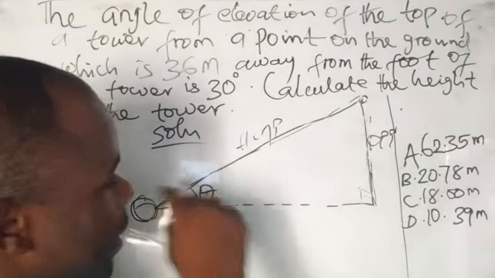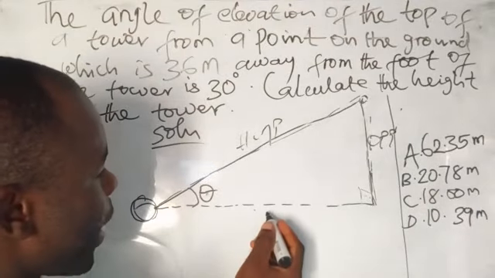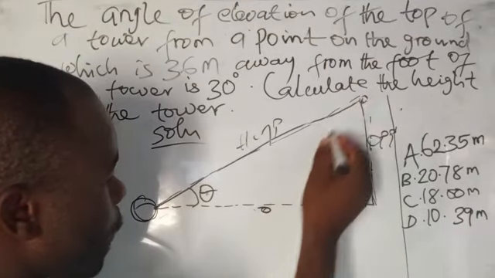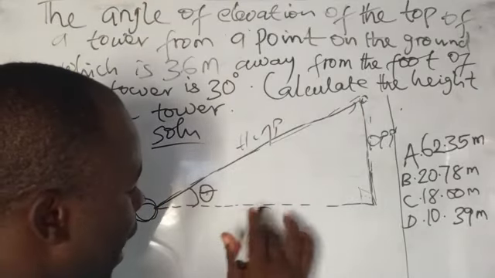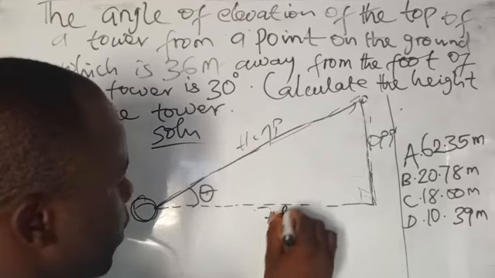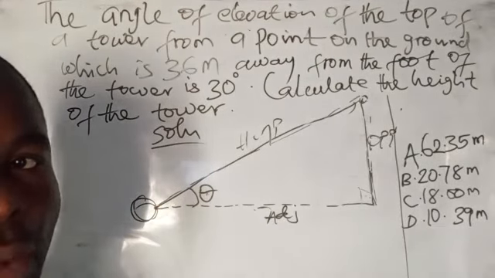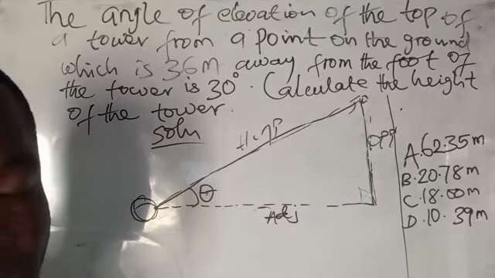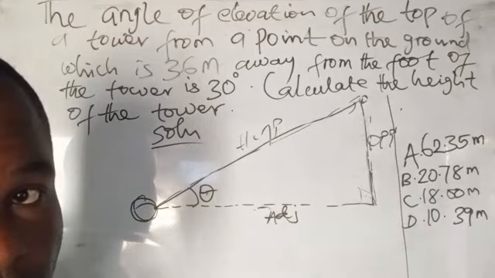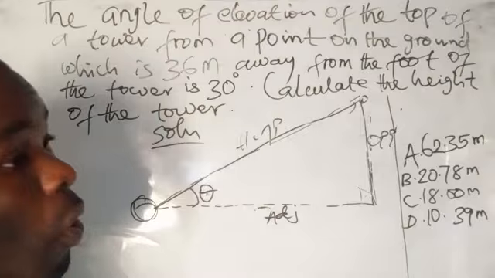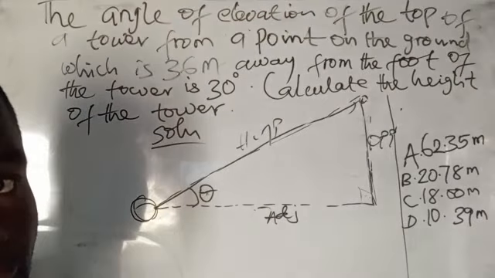The line that faces the angle is the opposite, whereas this one that does not face any angle is my adjacent. Is that clear, guys? So whichever way I want to solve, I'll be able to get it correctly, either using Pythagoras theorem or by any other means.